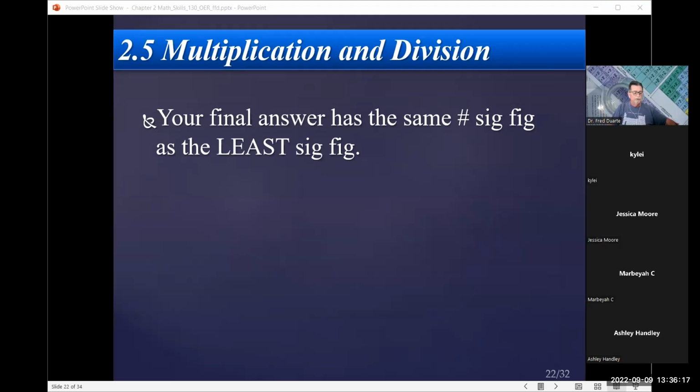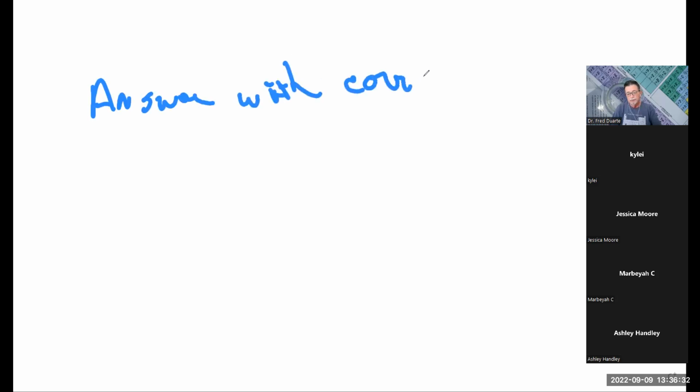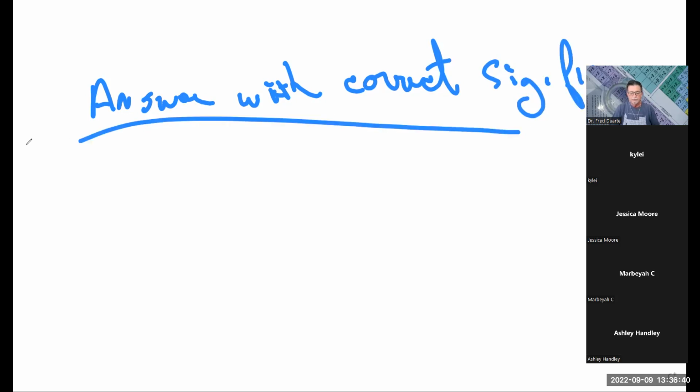Now, if you come across a question that says to be aware of your answer with correct or appropriate Sig Figs, the first thing you should ask yourself is: what is the math that I'm doing for this problem?